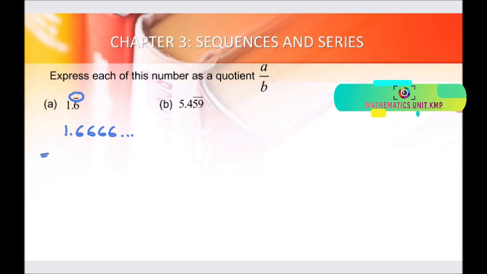So let's separate first the number. To get this 1.666, we can represent it as 1 plus 0.6 plus 0.06 plus 0.006 and so on.